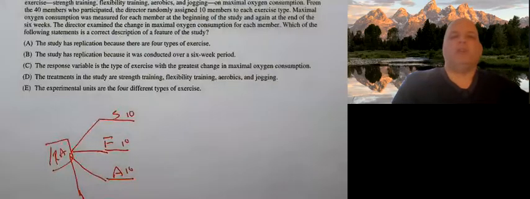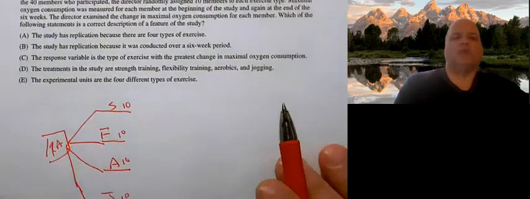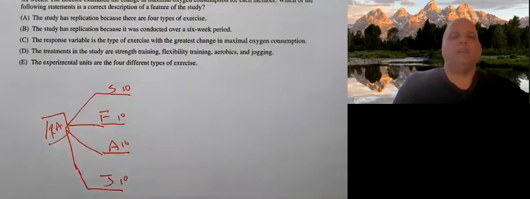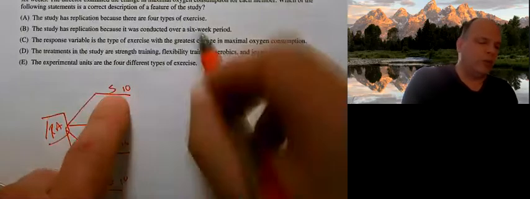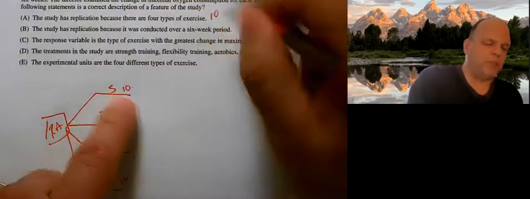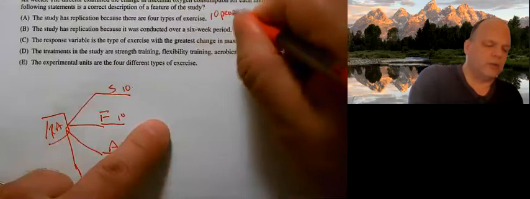The doctor examined the change in maximal oxygen consumption for each member. Which of the following statements is a correct description of the feature of the study? The study has replication because there's 4 types of exercise. No, the replication occurs because there are 10 people per exercise.